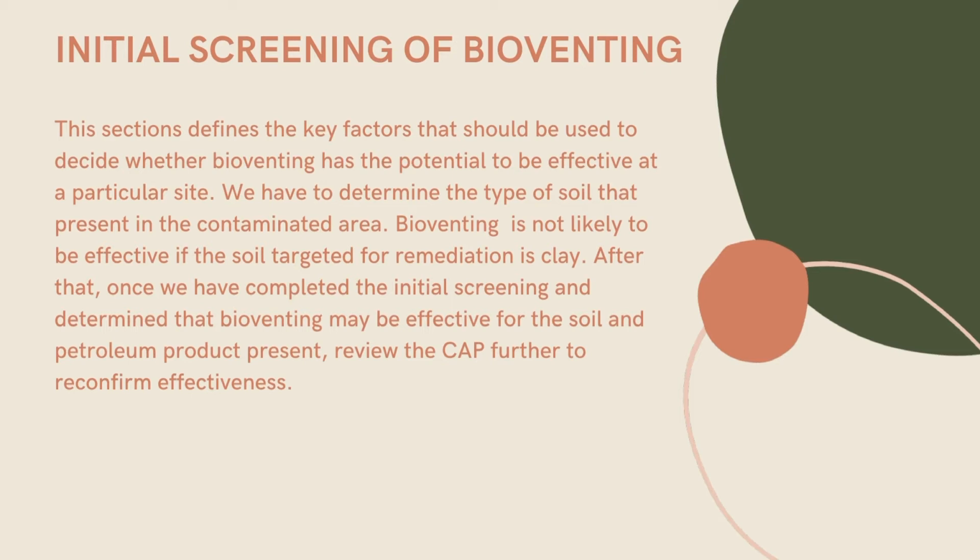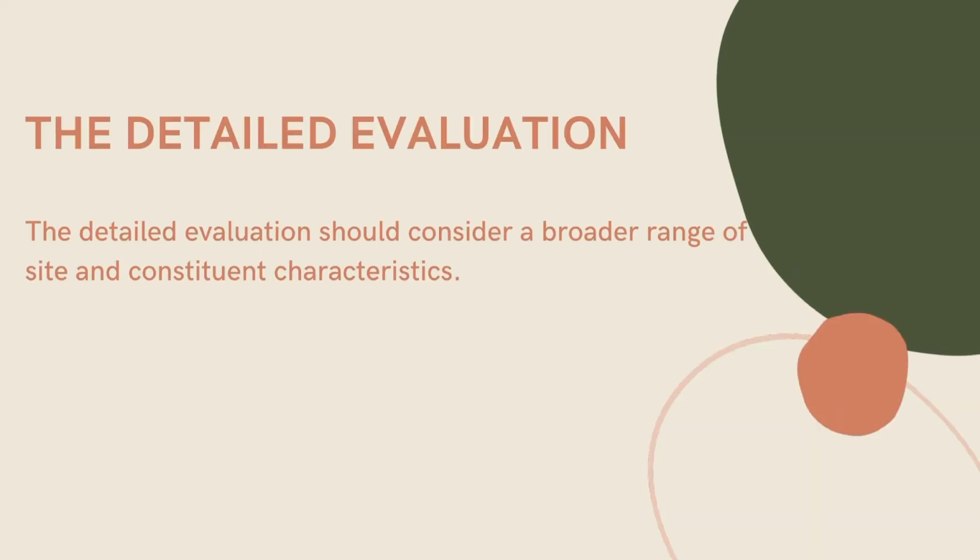After that, once we have completed the initial screening and determined the bioventing may be effective for the soil and petroleum product present, review the CAP further to reconfirm effectiveness. Next, the detailed evaluation. The detailed evaluation should consider a broader range of site and constituent characteristics.